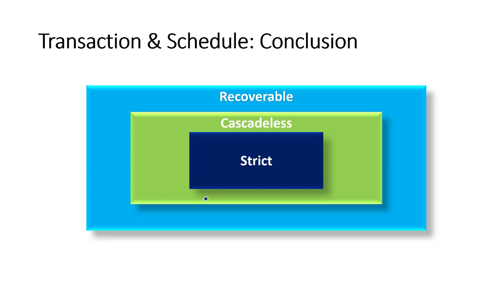Now, what kind of schedule are we going to allow into our system? To answer that, you have to make sure there are two criteria you need to ensure. First one is consistency, and the second one is the recoverability of the schedule. We are going to allow a schedule when it is at least conflict serializable and at least recoverable.